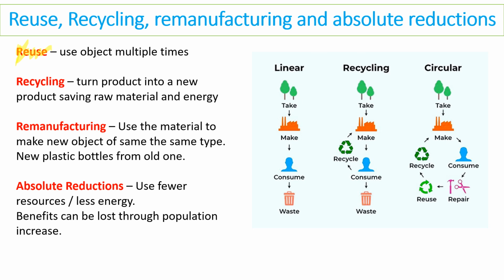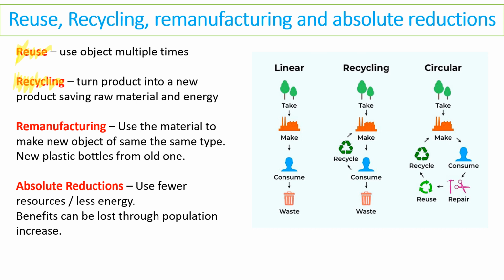That is reuse. Recycling is when you take that Coke bottle and you use the material to remake a new product. Aluminium cans would be a good example: we melt down aluminium and we use it to make other aluminium products. And that means we're saving the raw material. We don't need to get any more aluminium out of the ground, and also we don't need to use that energy.